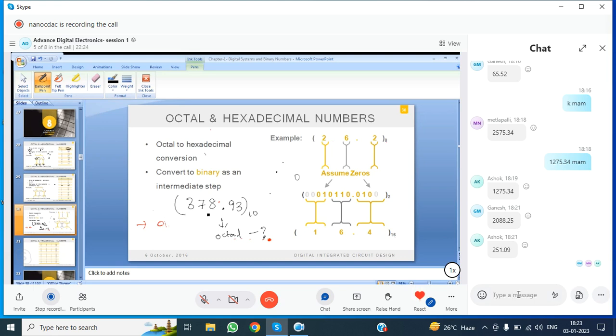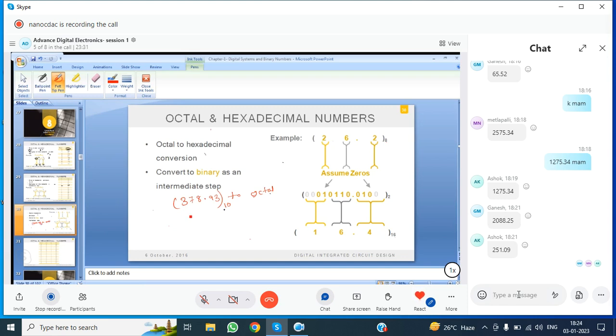There is nothing to it, write the binary values directly and you can convert binary to octal. Octal. This is decimal, base 10. You can convert into binary.